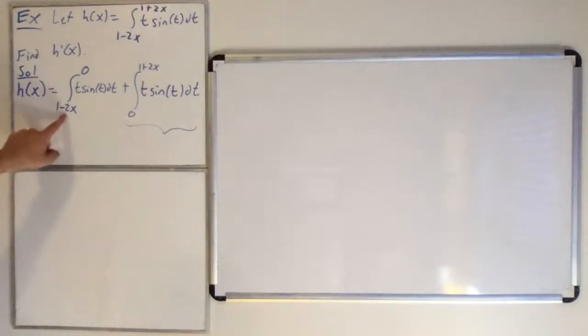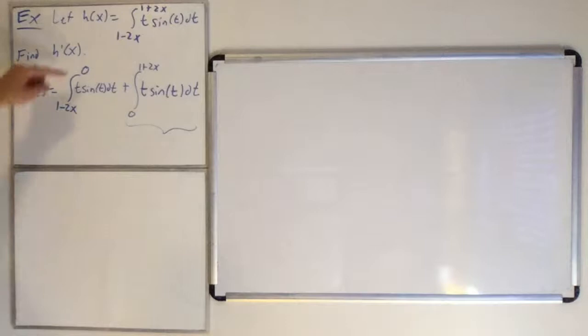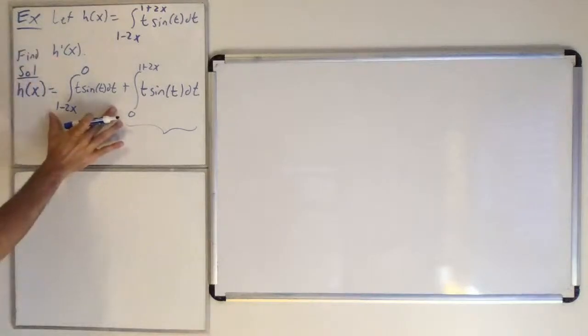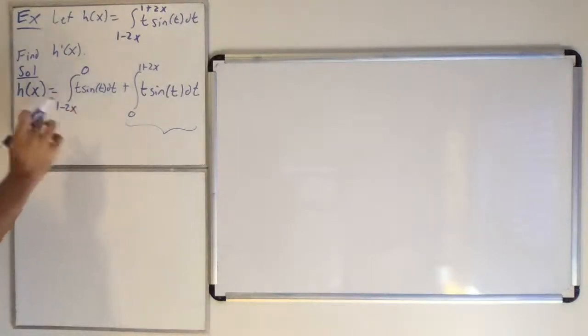But here we have a function on the bottom and a constant on top. How can we fix this? What can we do to this first term in order to get a constant below and a function up top?